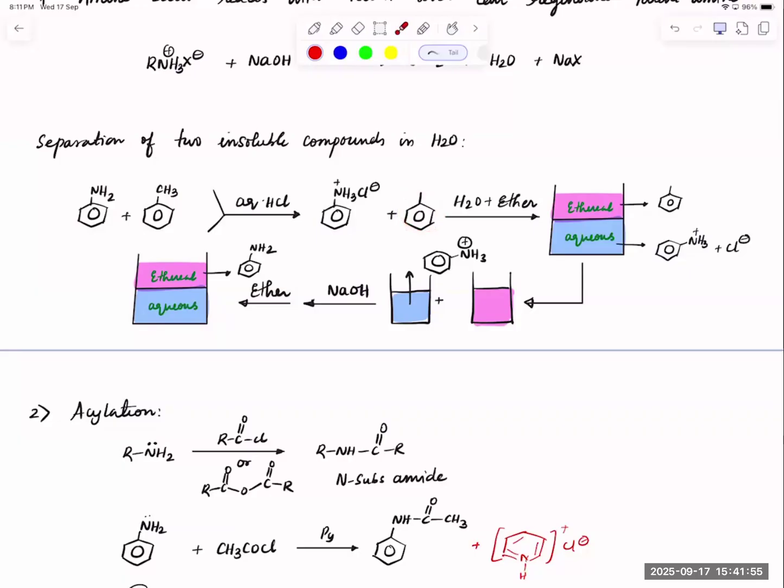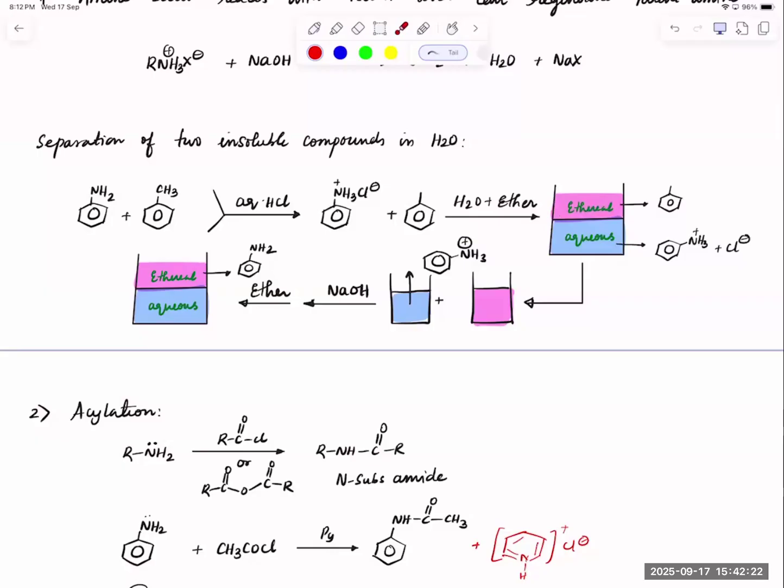So what I'm doing now, I'm taking a test tube which contains half water and half ether. As you add these two to the solution, you will notice that this salt will get dissolved in the aqueous layer and the toluene will get dissolved in the ether layer. So this is the ethereal layer.